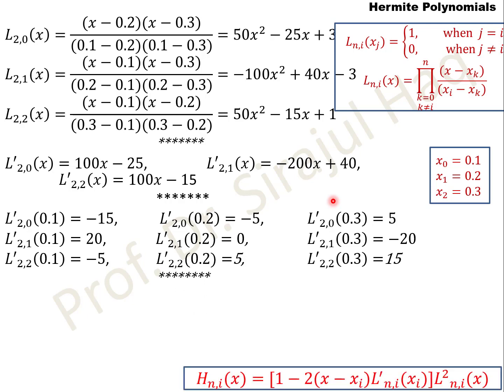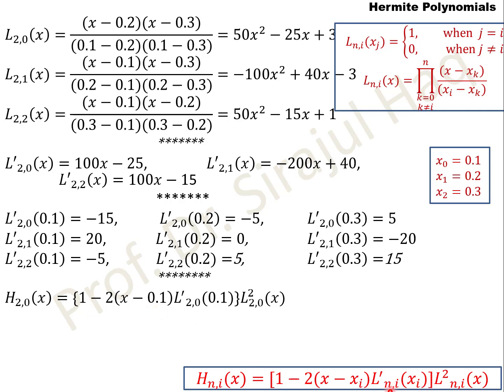Now let's come to the h2,i's. You know that the value of n in this case is 2, and the value of i starts from 0 and reaches up to 2. So we have to find out h2,0, h2,1 and h2,2. When i is equal to 0, h2,0 is equal to 1 minus 2 into x minus x0. x naught is 0.1. So you can see it's written over there.